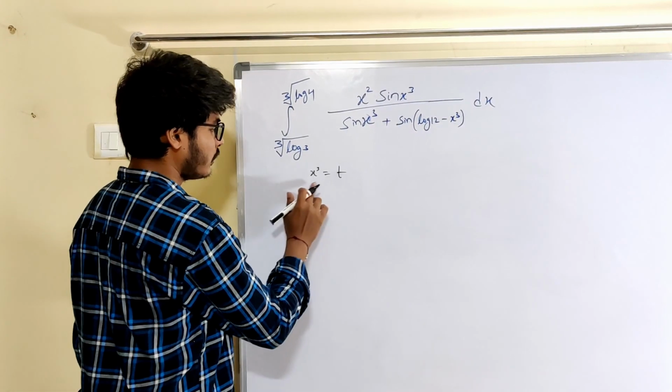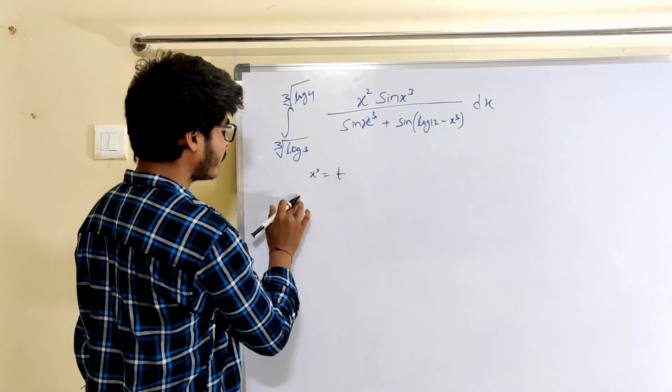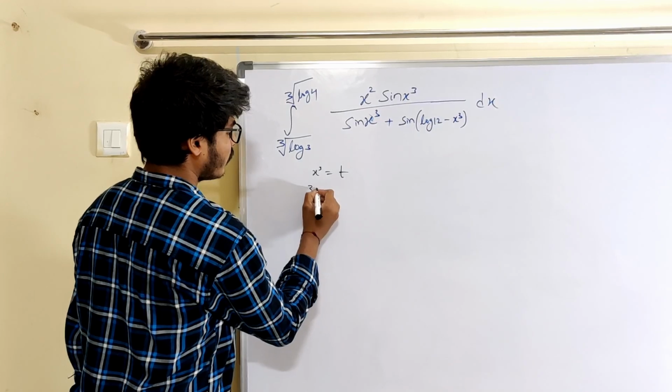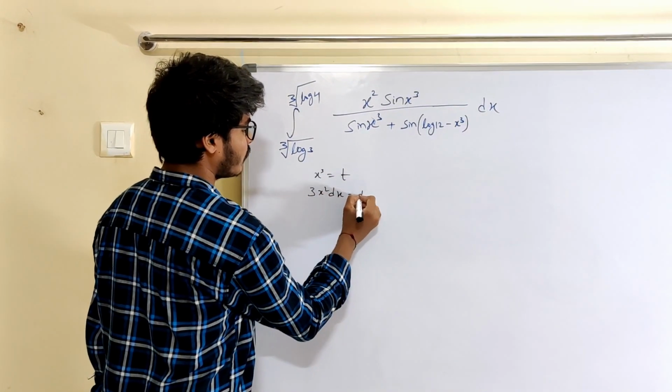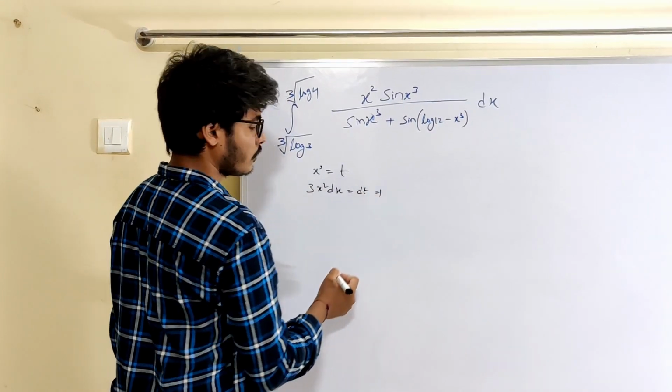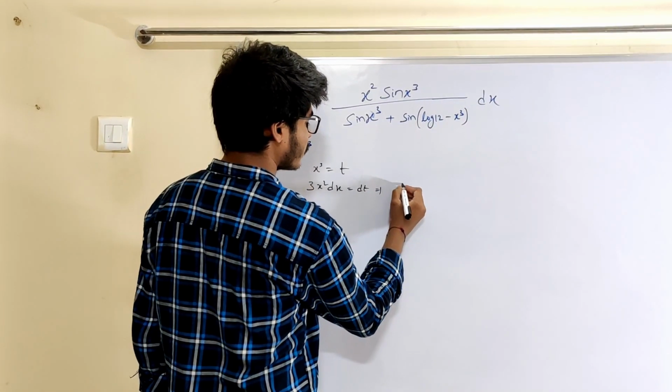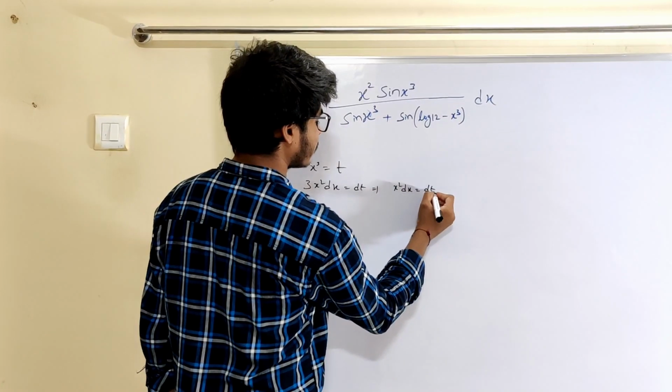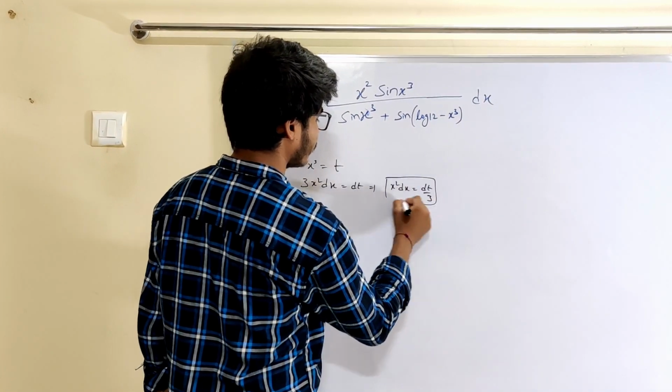So differentiating on both sides, we will get 3x square dx is equal to dt. So x square dx can be written as dt by 3.